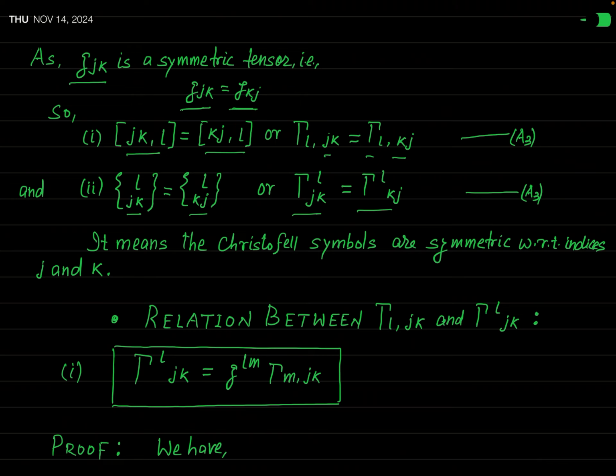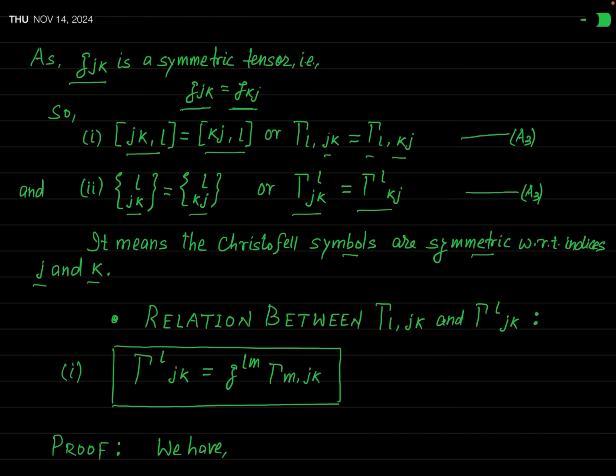So these results show that Christoffel symbols are also symmetric with respect to the indices j and k. These facts are very important for your objective type questions, and also to understand the concept of general relativity wherever it will be used.